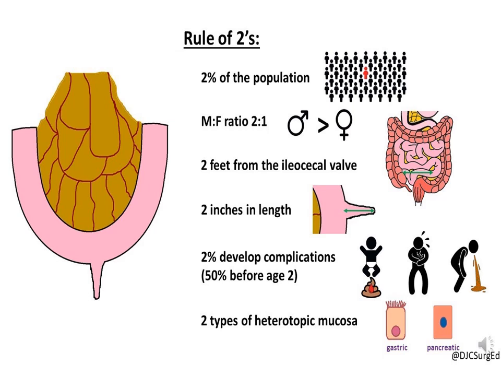Usually, there's a typical connection between the midgut loop and the yolk sac through the vitelline duct, but with time the vitelline duct is meant to be obliterated and disappear. But whenever there's a failure of obliteration of the vitelline duct, if the failure is very close to the ileum, this will lead to that outpouching we know as Meckel's diverticulum.